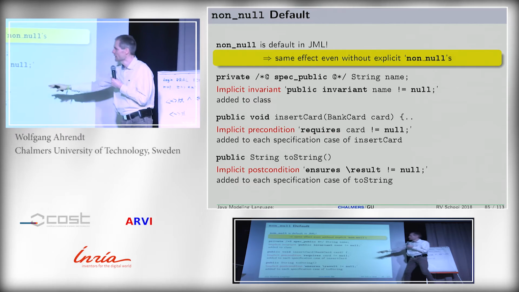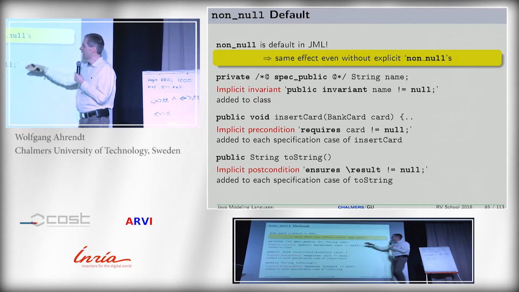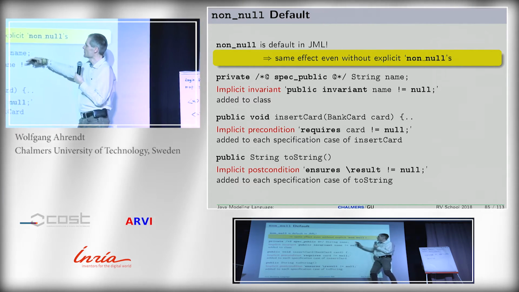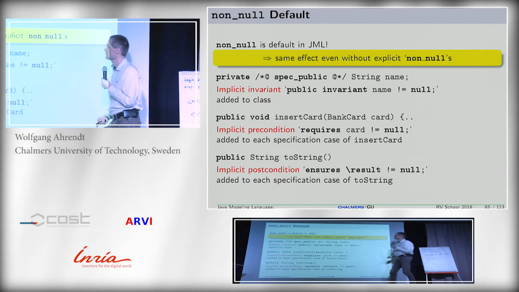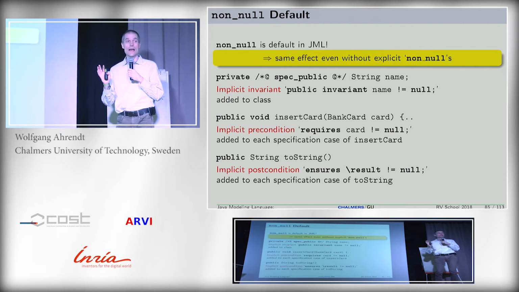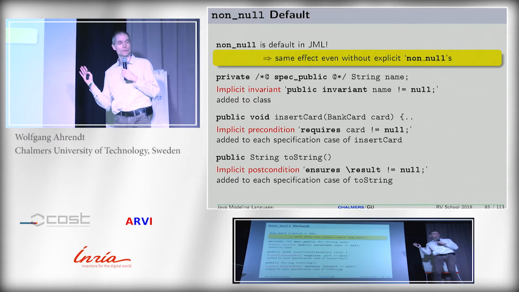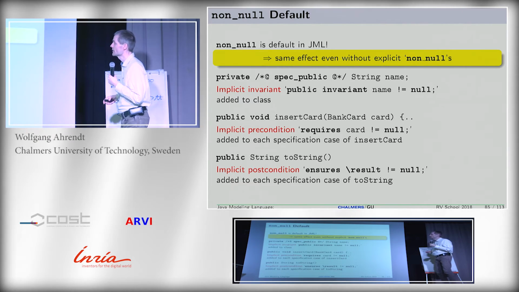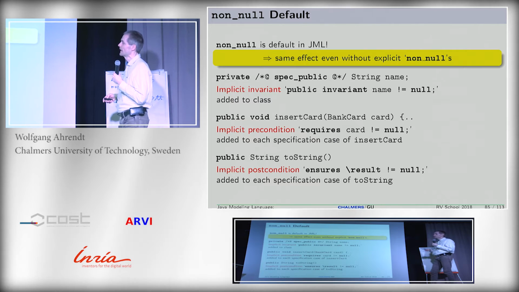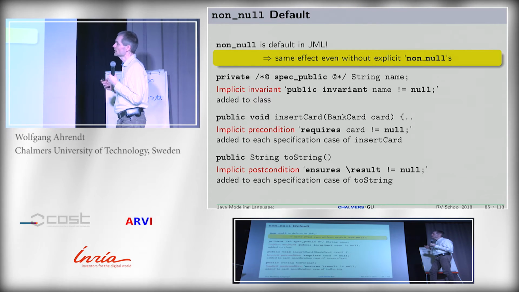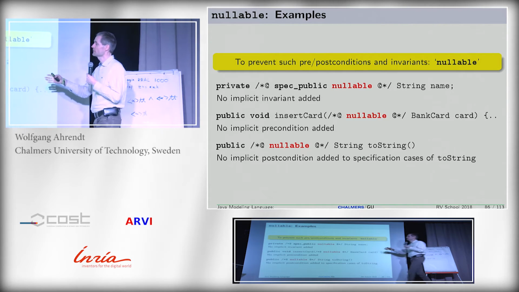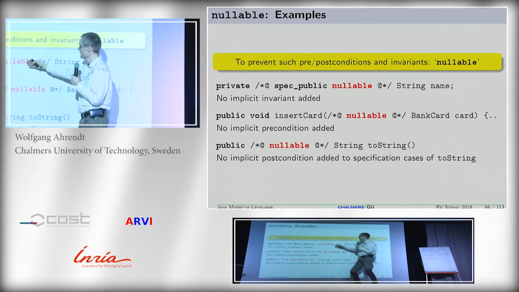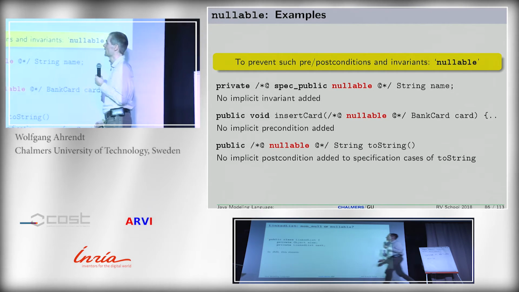So if you don't write anything, like on this slide, then the invariant says that this name should never be null, or this should not be called with null, and this should not return null, and so on. I think it's a highly problematic design decision to have such a default. And it was not like that when JML started, but yeah. But you can allow null, and that you have to do then explicitly. You have to say nullable, nullable, nullable if you want to allow null.